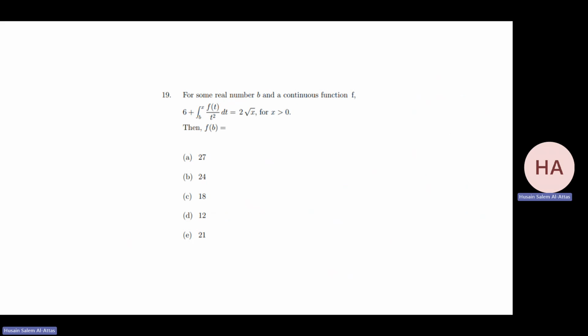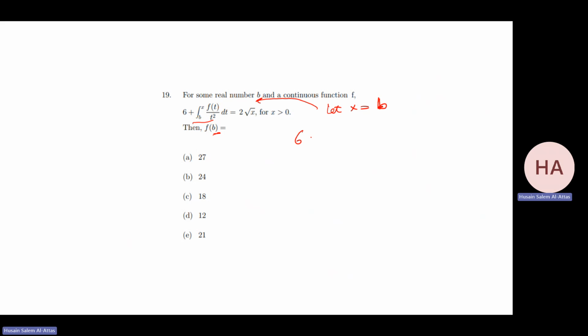B and the continuous function. Find f at b. So I need to find b first. You're not giving me b. What I will do, let x equal b. So this will be 0, so I can't find it. If you put x equal b, I get what?